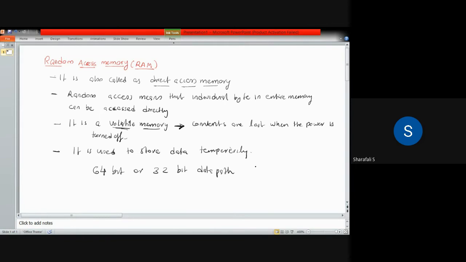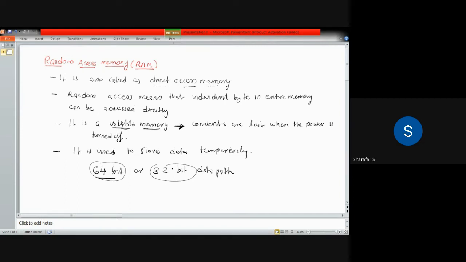Okay. So this refers to the number of bits of data that can be transferred in a single clock pulse. If you consider any system, it will be either 64-bit or 32-bit, which means a 64-bit or 32-bit data path.